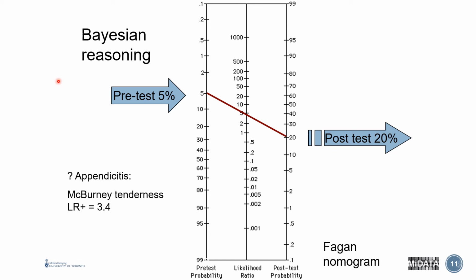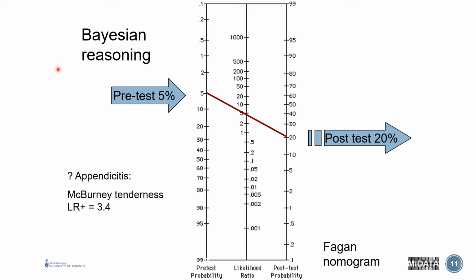Now, you'll remember odds and probabilities are not the same thing. In order to convert your post-test odds to a post-test probability, the post-test probability is equal to the post-test odds divided by the post-test odds plus 1, and that gives you your post-test probability.